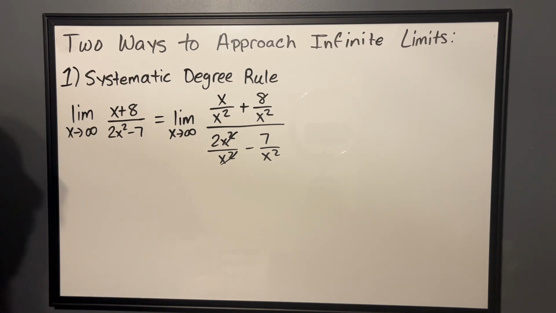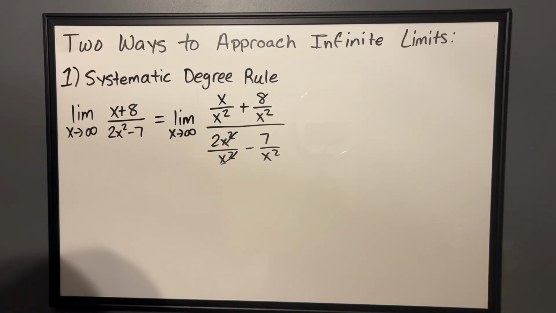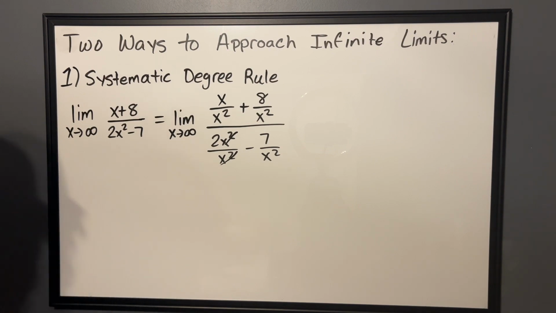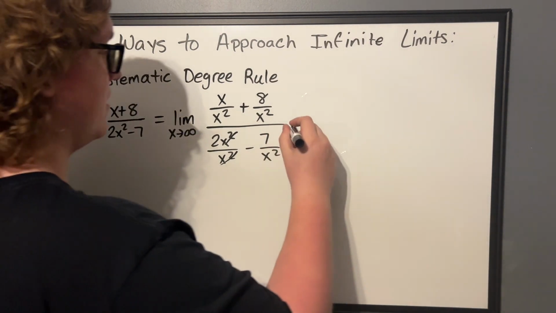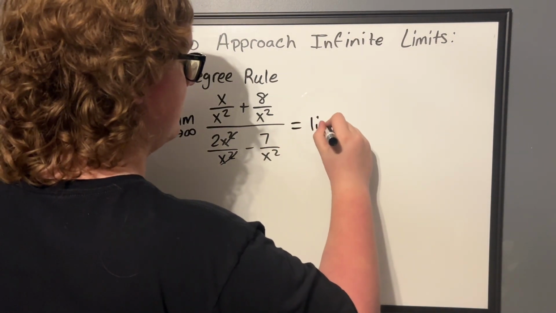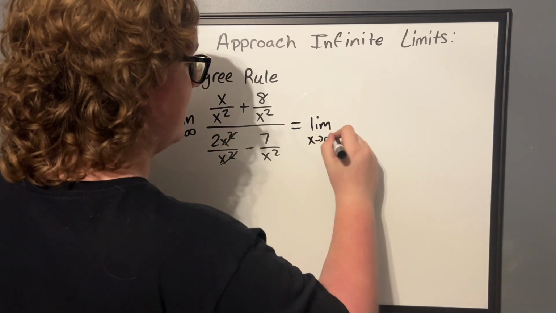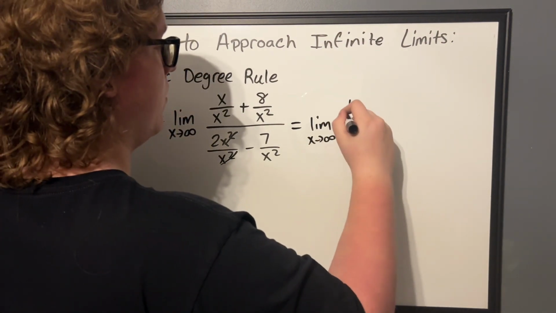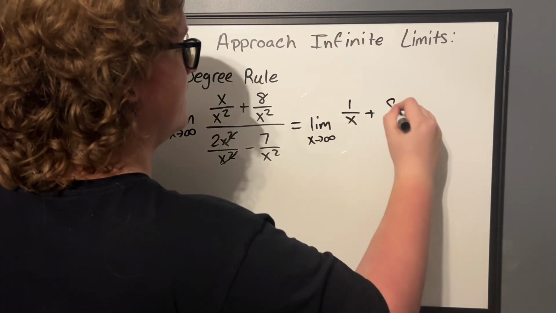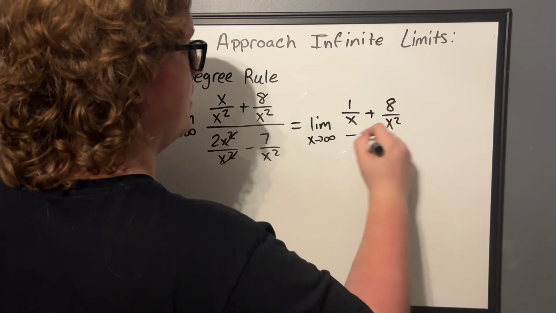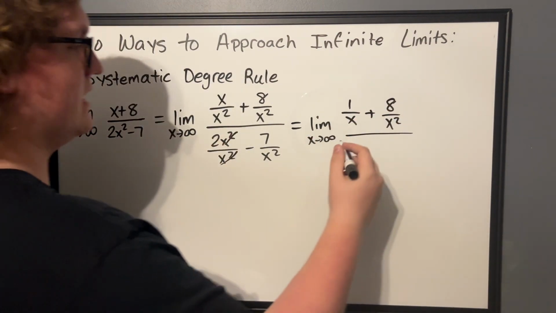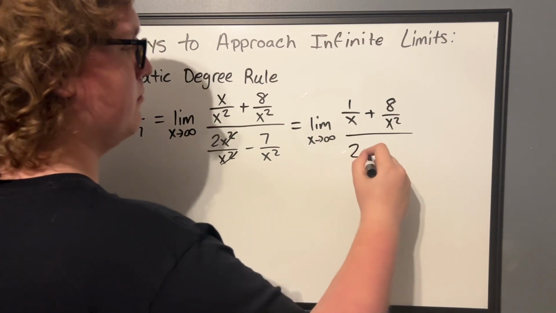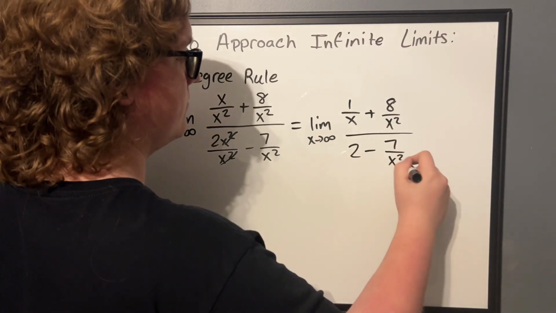So if we have one copy of x in the numerator and 2 in the denominator, then when we divide those, we're just going to have an extra copy in the denominator. So this is going to be the limit as x goes to infinity of 1 over x plus 8 over x squared over, remember, the x squareds cancel, so we just have 2 minus 7 over x squared.